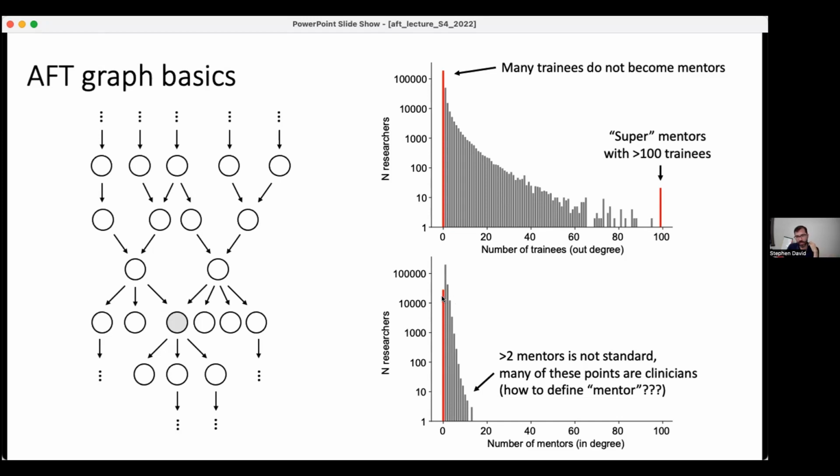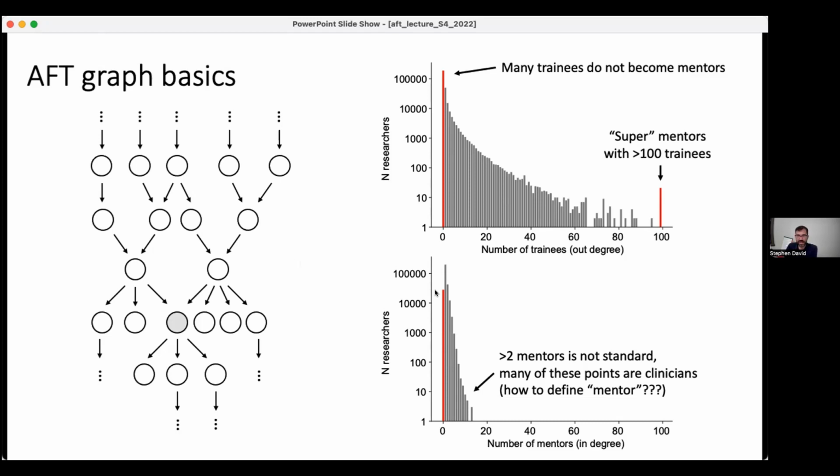So somewhere back in time are individuals who were not trained, but there are also many more contemporary researchers for whom we don't have information. So you could call this a lower bound on the number of both trainees and mentors, in the sense that there could be information that's missing.